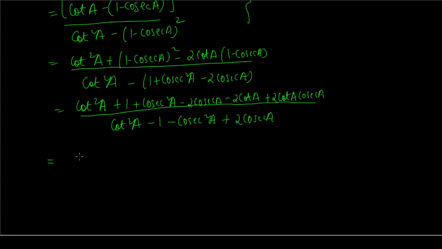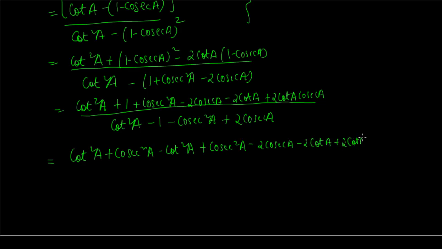So we get cot square A plus cosec square A minus cot square A plus cosec square A minus 2 cosec A minus 2 cot A plus 2 cot A cosec A.